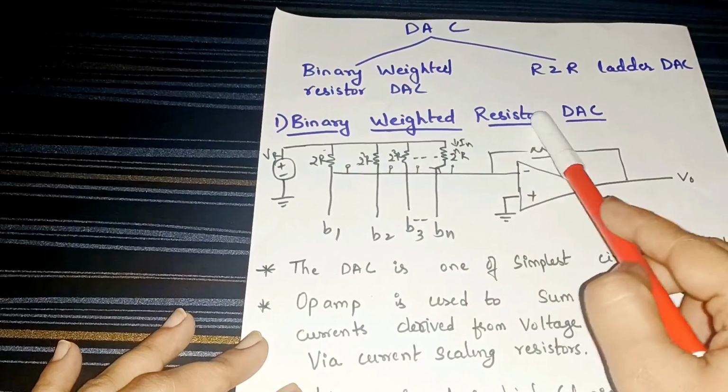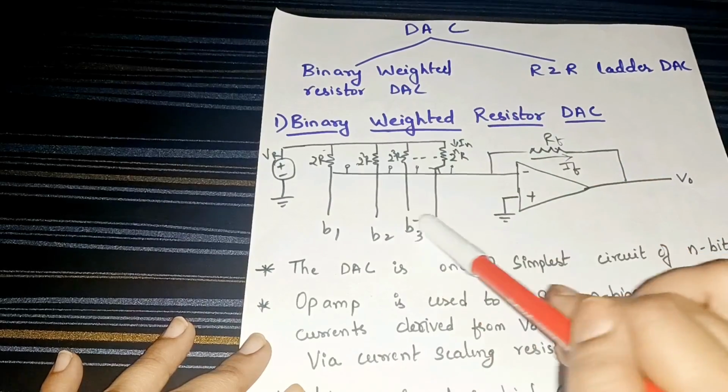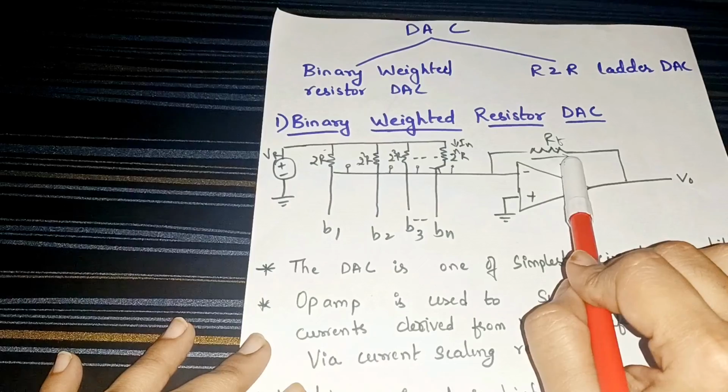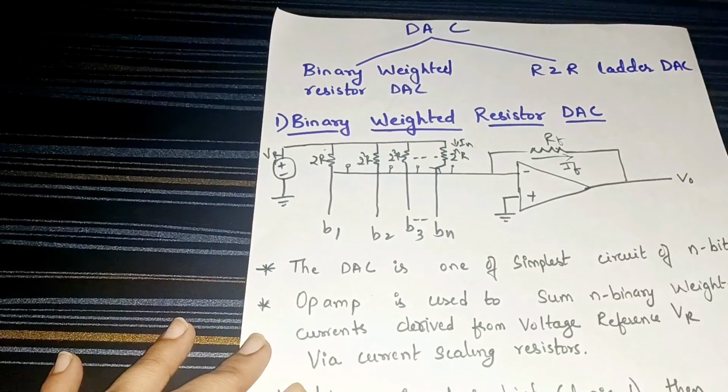In the binary weighted resistor DAC, we connect all our inputs to the inverting terminal, and the feedback also goes to the inverting terminal, which has the resistor RF and current IF.